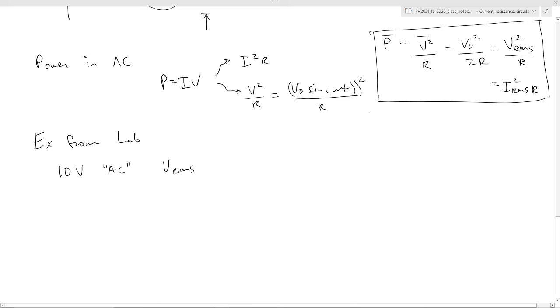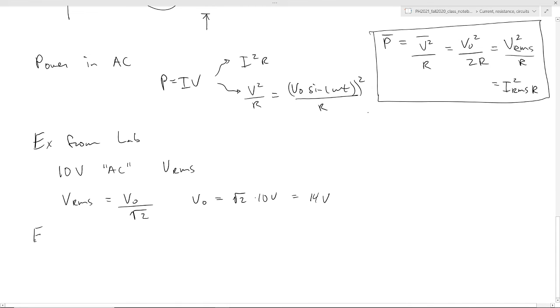So what would the peak voltage correspond to? We know that VRMS is less than the peak voltage by a factor of root 2. So in other words, V naught in this case would be root 2 times 10 volts. And so this is more like 14 volts. That's just a simple example of the terminology.